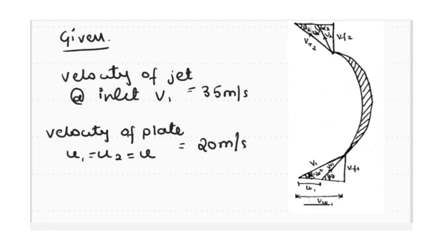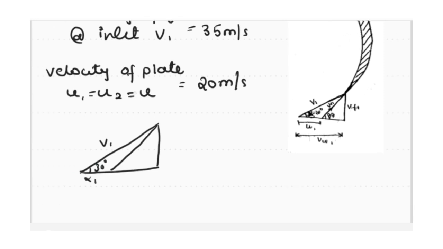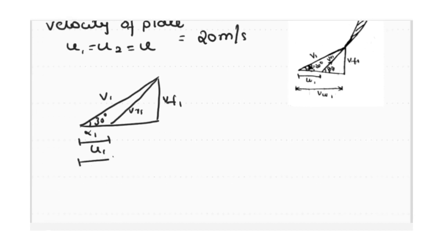So I will draw an enlarged view of the inlet triangle. This is v1 and this is alpha 1 equal to 30 degrees, and this is vr1, vf1, u1, and this is beta 1.